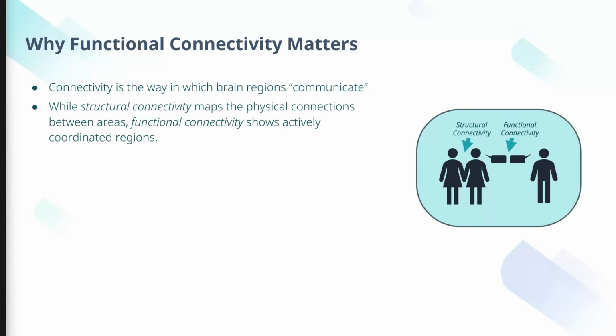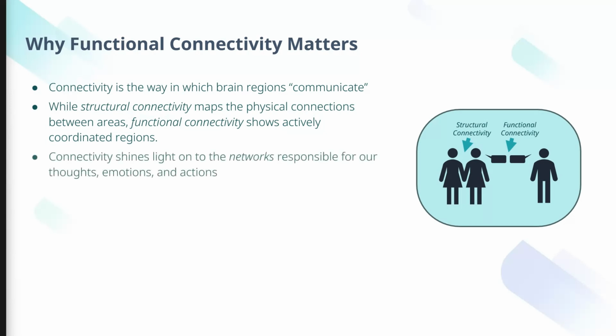Structural connectivity is like a couple holding hands at a party, constantly together, whereas functional connectivity is who is actually communicating with whom. So even though two regions might be connected, one of them might actually be communicating with another area, and that's what functional connectivity is. Connectivity like this shines light on the networks responsible for our thoughts, emotions, and actions.